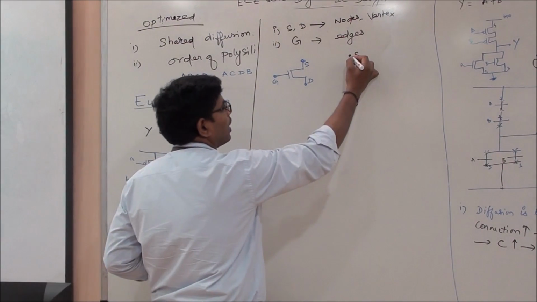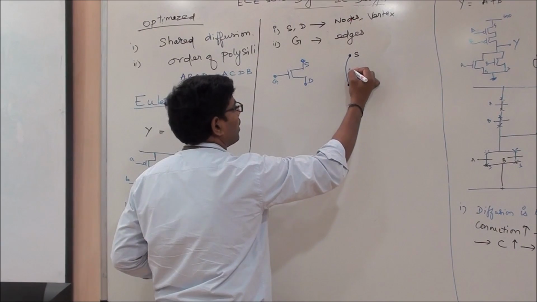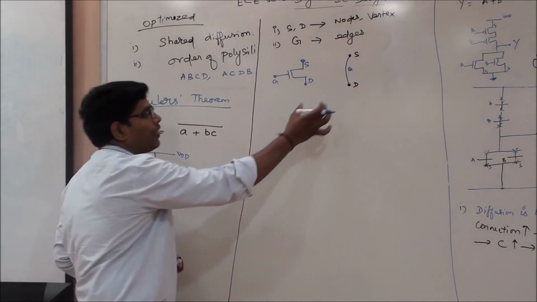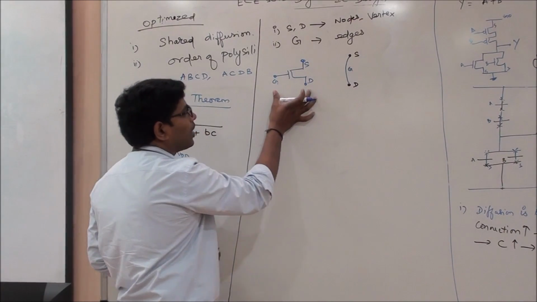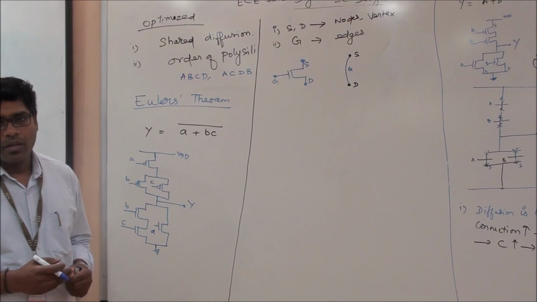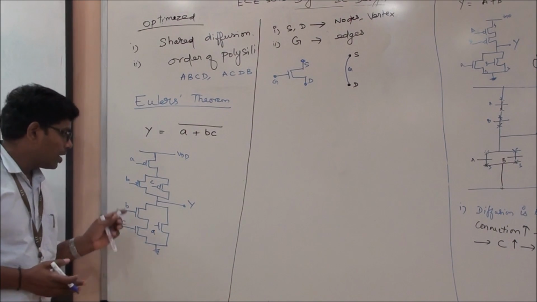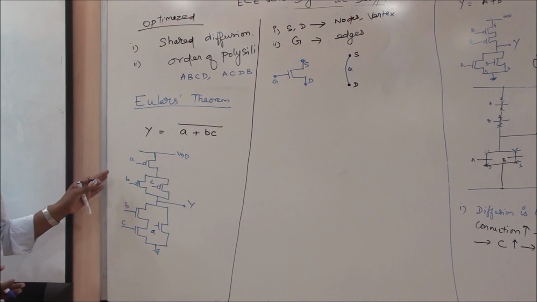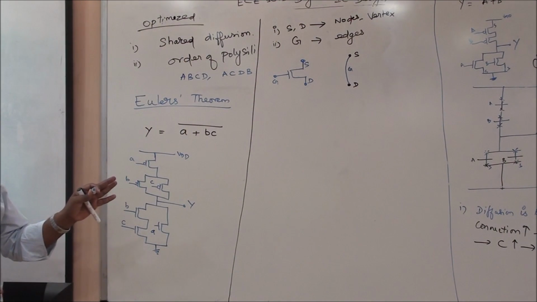The edge is simply a line connecting this. So this is my G. So this is a graphical representation of an NMOS. Typically that is applicable for a PMOS also. So the first and primary job is to convert this schematic network to a corresponding graph theory network.